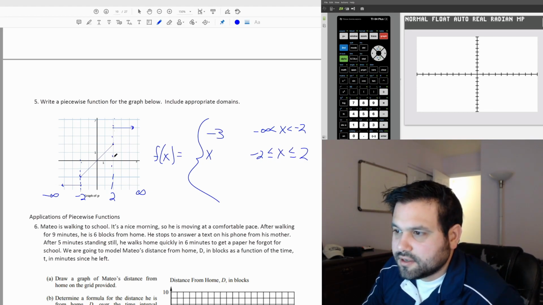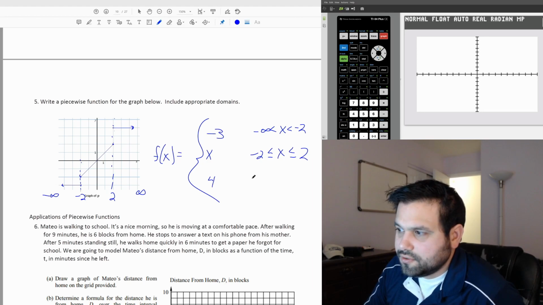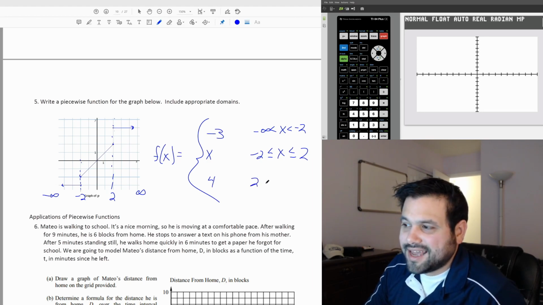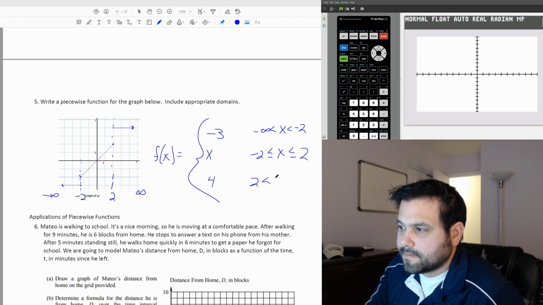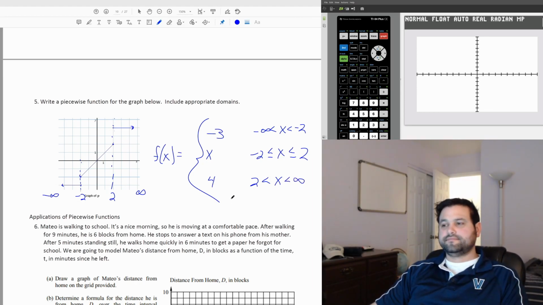Next piece, 2, 3, 4 is a value of 4, and that goes from 2. Again, I can't include it because it's an open circle. And it goes to infinity, which cannot be included because we cannot get there. And so that's our piecewise function there.